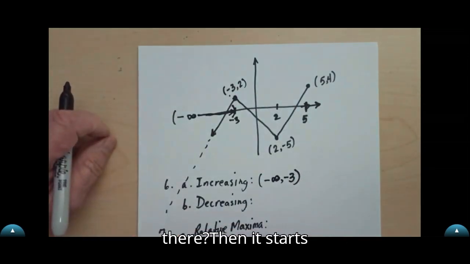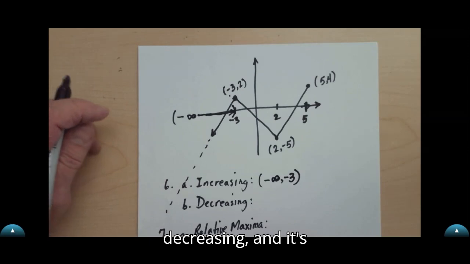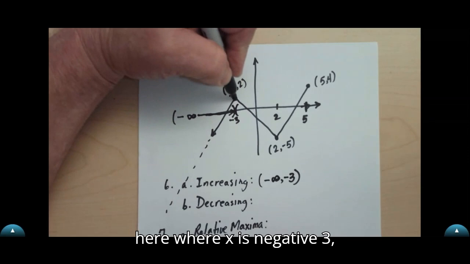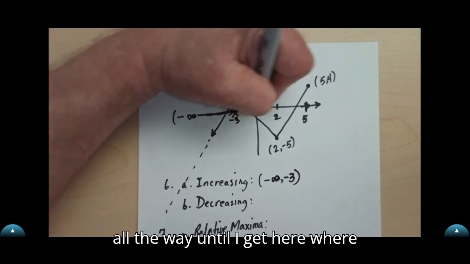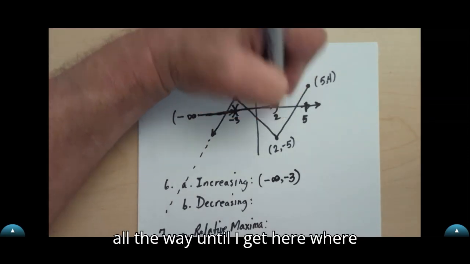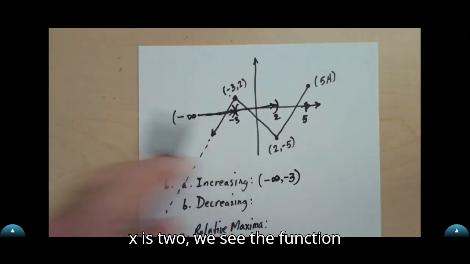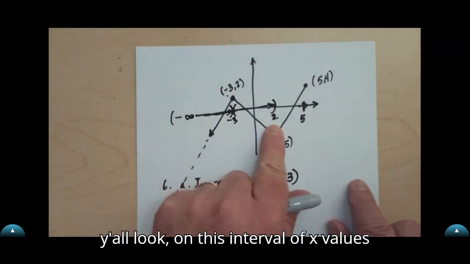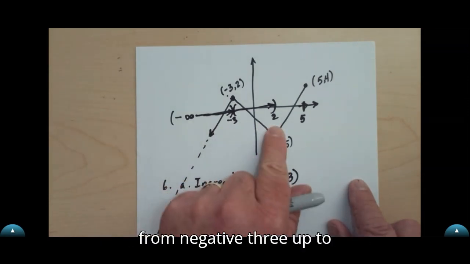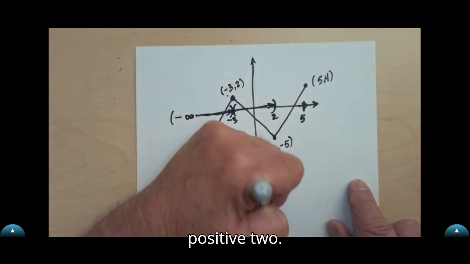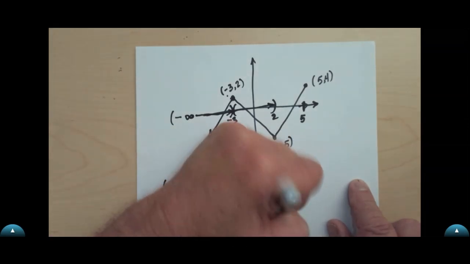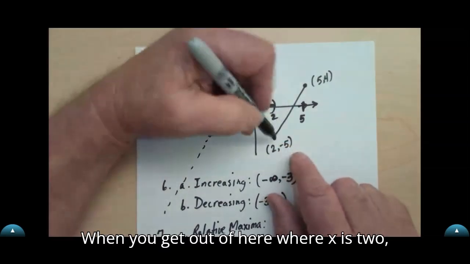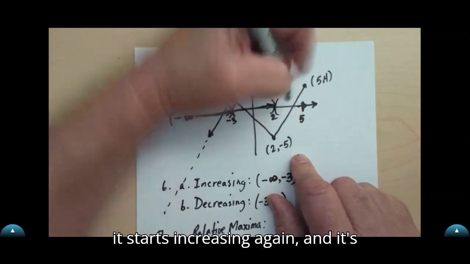Everybody with me there? Then it starts decreasing. And it's decreasing from here where x is -3 all the way until I get here where x is 2, we see the function decreasing. So it's decreasing, y'all look, on this interval of x values from -3 up to 2. Then it starts increasing again. When you get out here where x is 2, it starts increasing again.